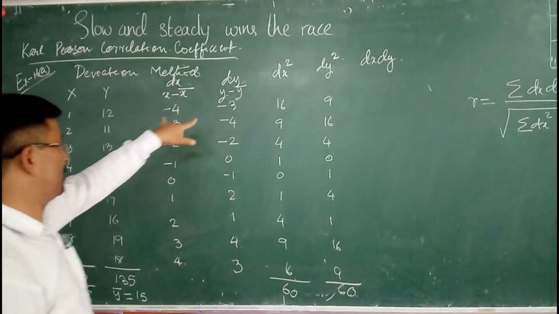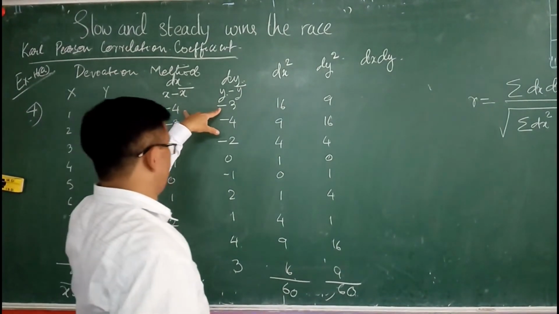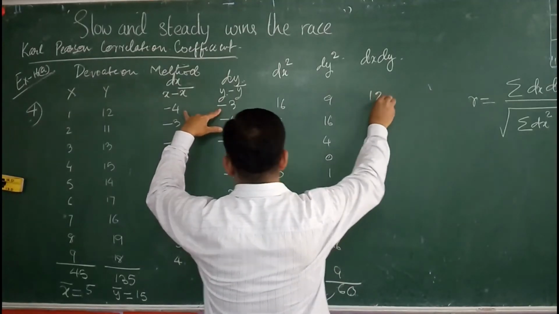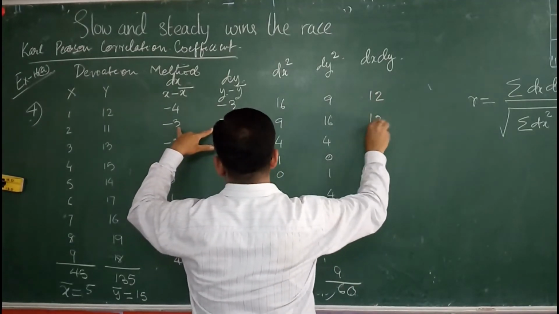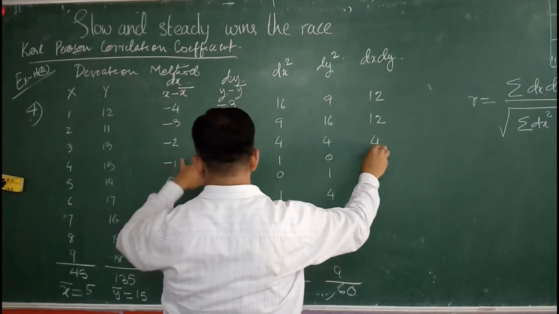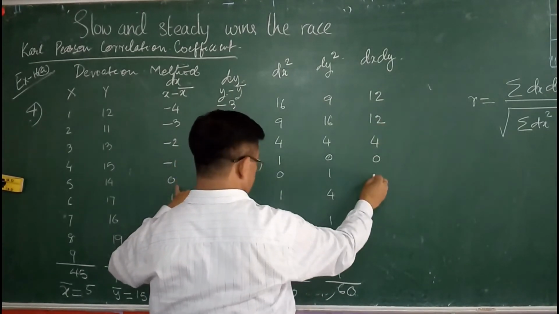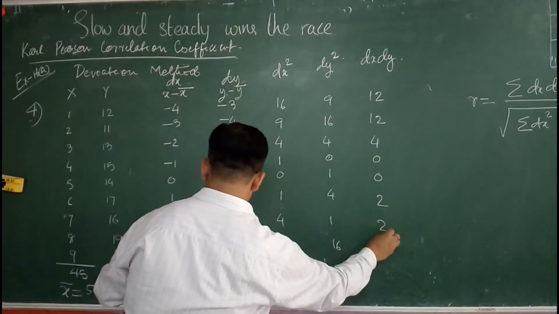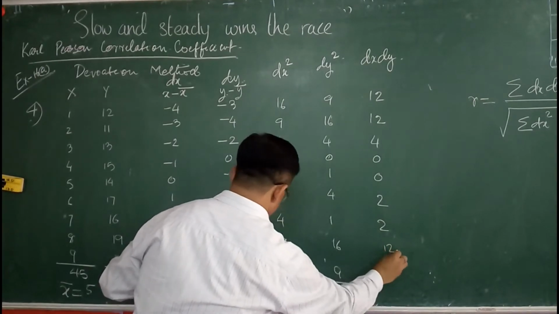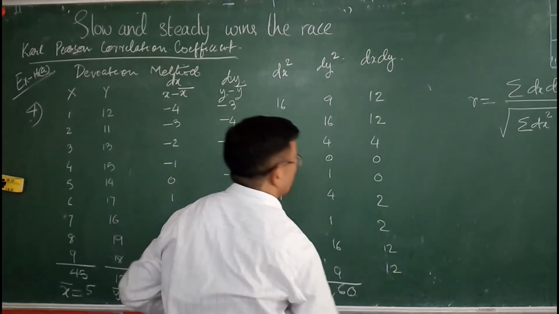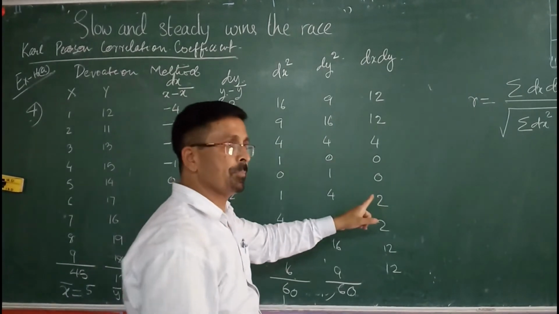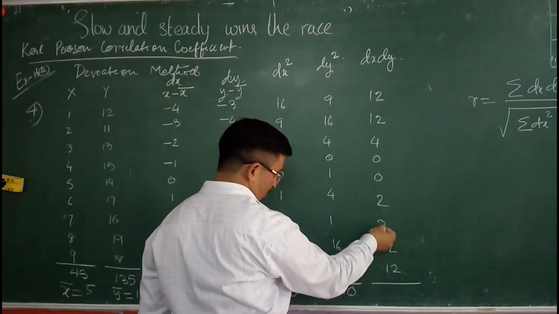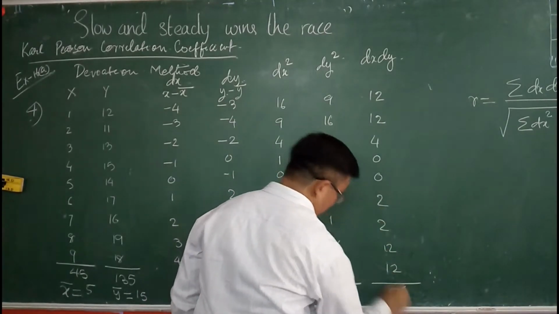Please keep an eye on the board, and if I make any mistake, tell me. 4 times 3 is 12, 4 times 3 is 12, 4 times 0 is 0, 2 times 2 is 4, then 12 and then again 12. Now we need the sum of all these products: 12, 12, 24, 28, 28, 32, 32, and 12, which makes 56.